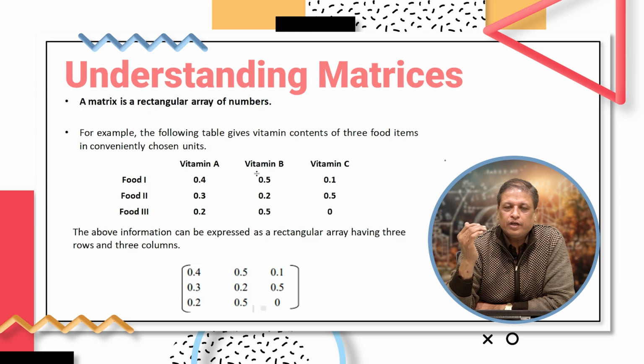Likewise, over here, if we want to know which food has vitamin A, vitamin B, and vitamin C, and to what extent, then the two variables are food type and vitamins. The vitamin values are categorized as vitamin A, vitamin B, vitamin C, and the foods as type 1 food, type 2 food, and type 3 food.